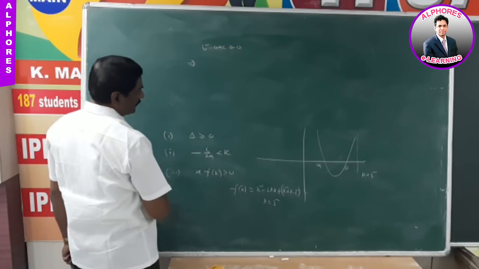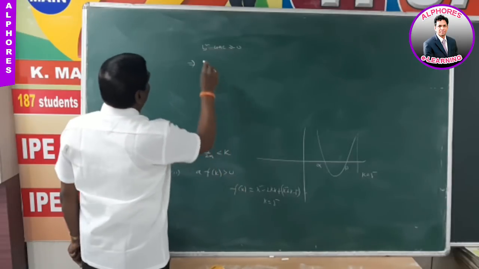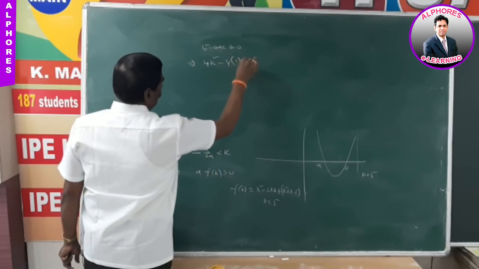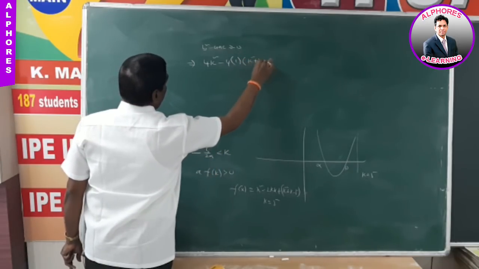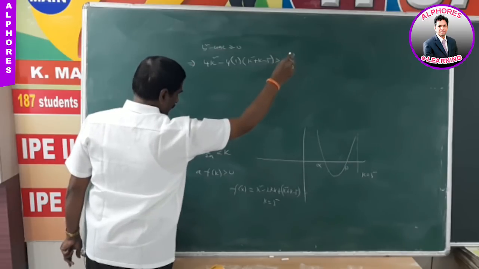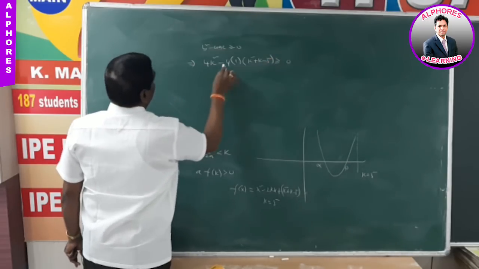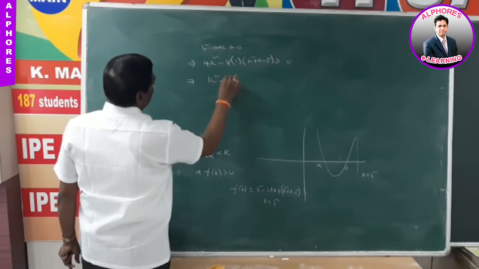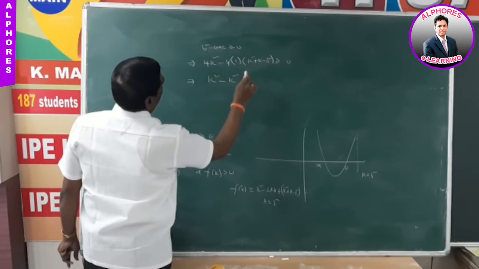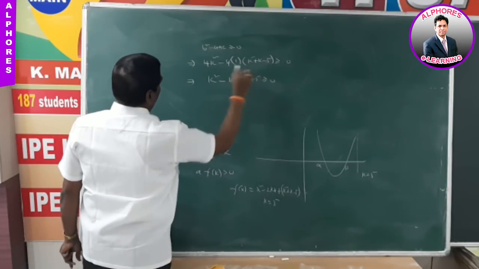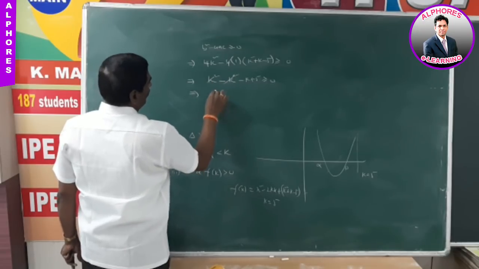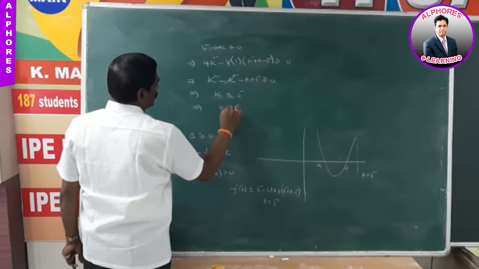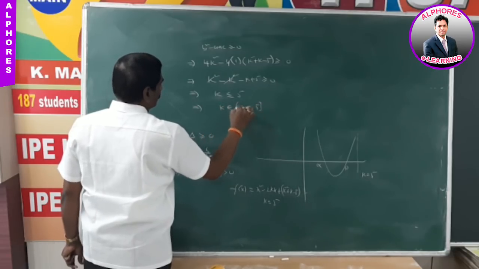B square means minus 2k whole square, 4k square, minus 4 into a means 1 into k square plus k minus 5 greater than or equal to 0. Here 4 cancelled. K square minus k square minus k plus 5 greater than or equal to 0. K cancel. That means k is less than or equal to 5. That implies k belongs to minus infinity to 5. It is the first condition.